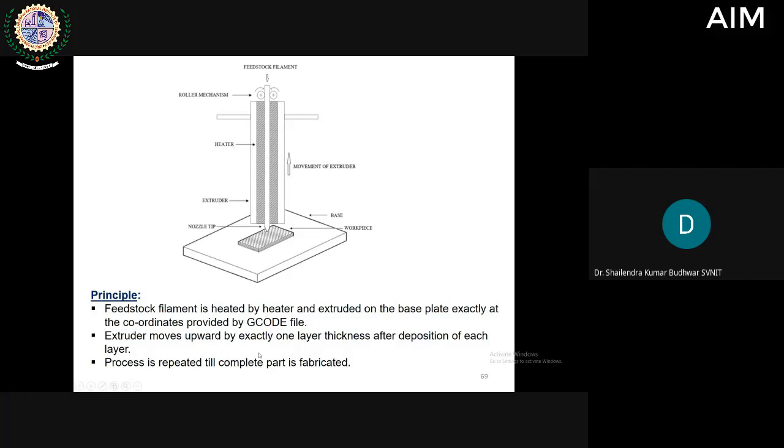The extruder moves upward by exactly one layer thickness after deposition of each layer. Then the process is repeated till the complete part is fabricated. So layer by layer that part is fabricated. After fabrication of one layer, the extruder moves in the upward direction equal to one layer thickness. Then the next layer is deposited on the previous layer.